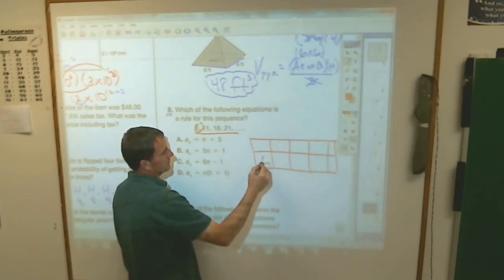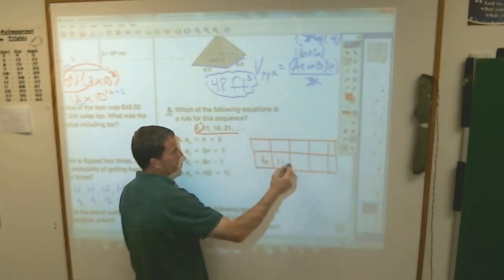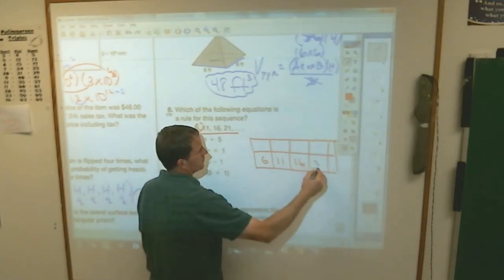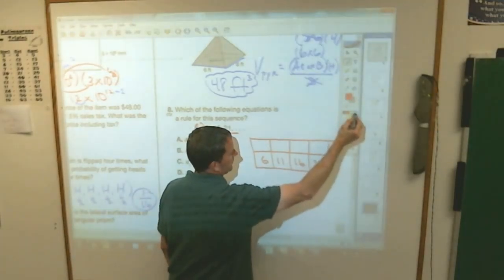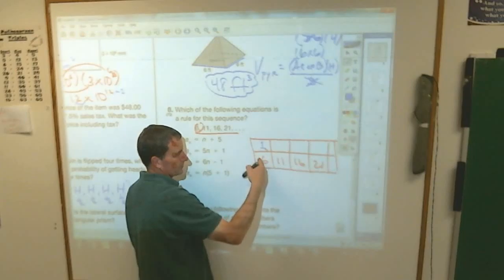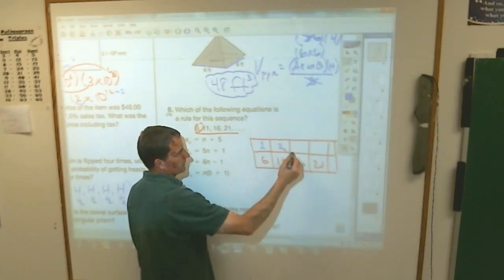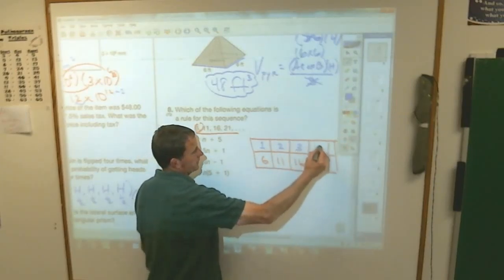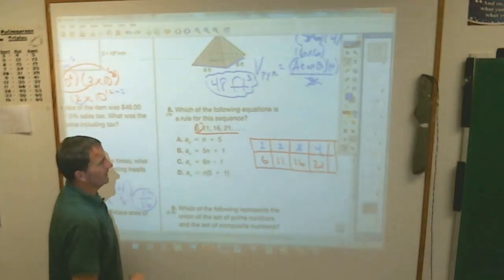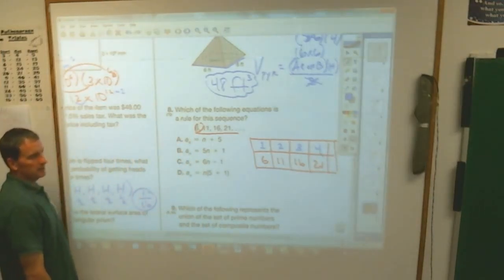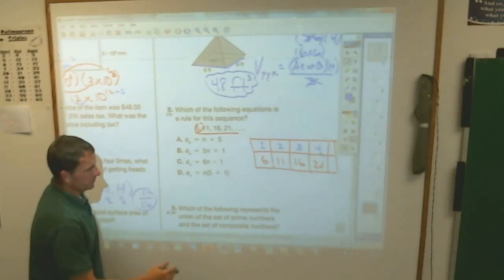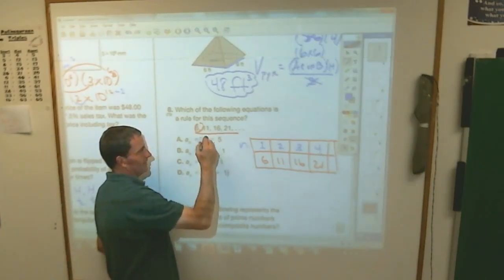First term is a 6, second term is 11, third term is 16, fourth term is 21. Then I would just check this little thing and see if it works. In other words, the top numbers are your n's.